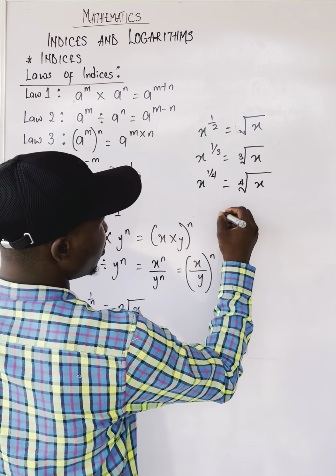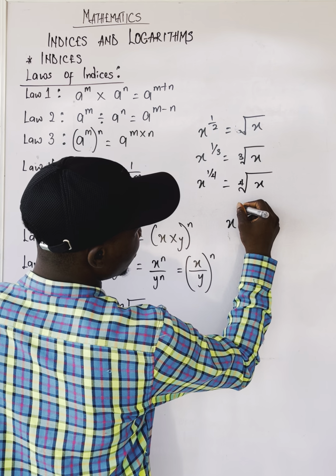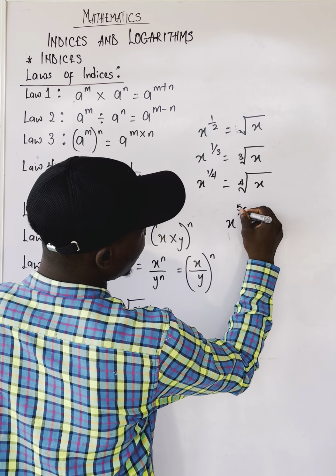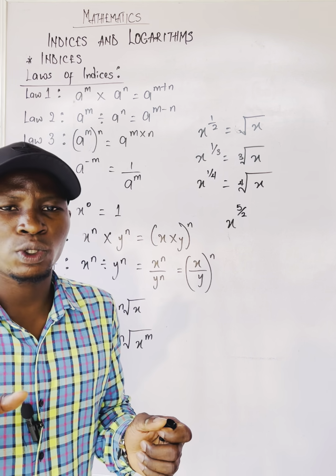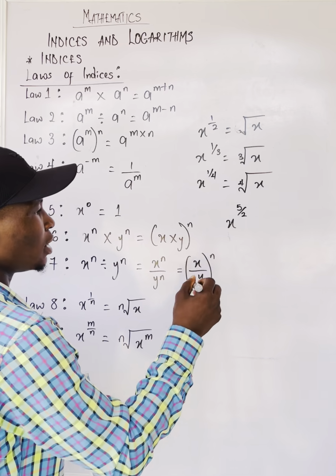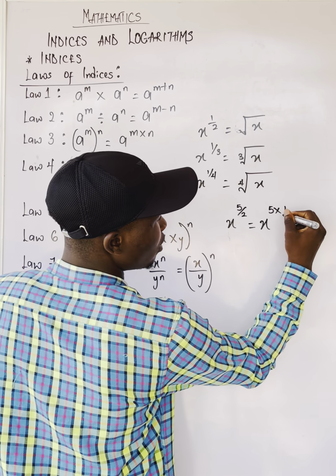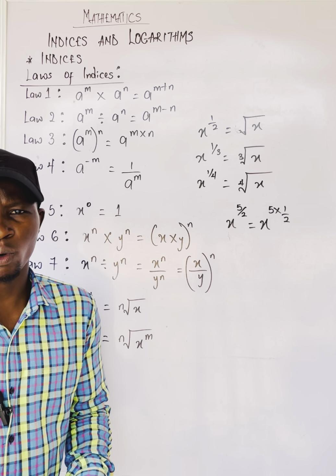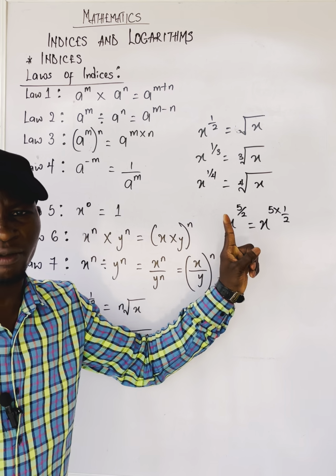Now let's say for example I have x to the power of 5 over 2. Now you know what it will be. I can write it as x to the power of 5 times 1 over 2, right? Now 5 times 1 over 2 will still give me 5 over 2.